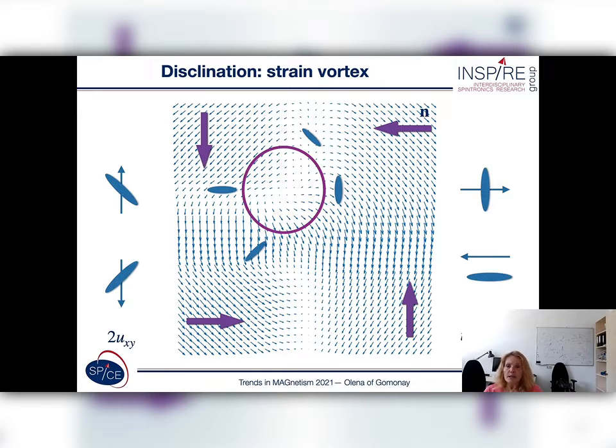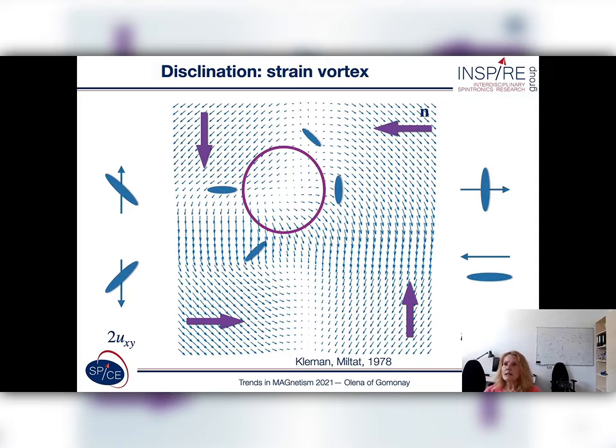So if we look at the circled area, which corresponds to the junction of 4 magnetic domains, we find that this point is also the center of a strain vortex, and the strain also rotates through 360 degrees, similar to the magnetic vector. This type of strain distribution is known in elasticity theory and corresponds to a disclination.